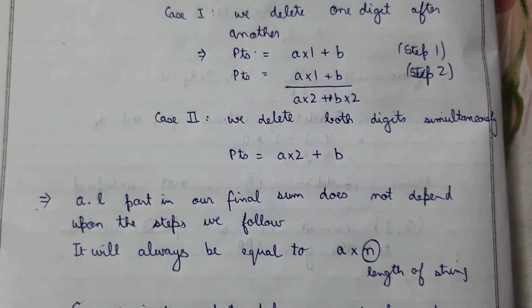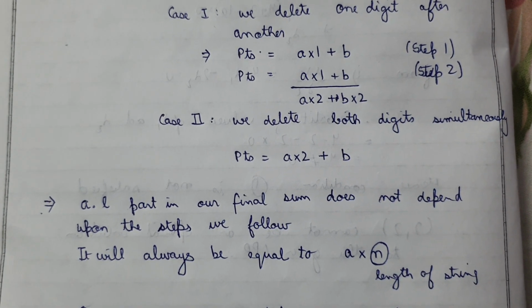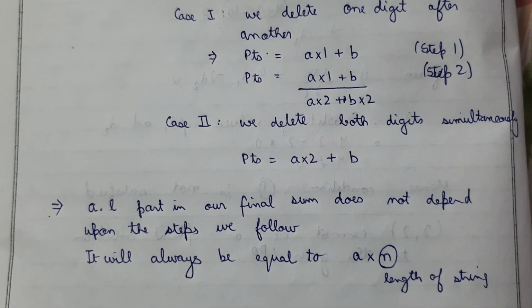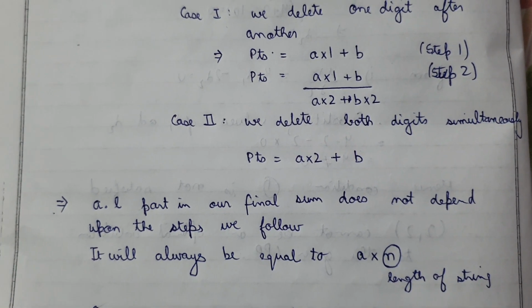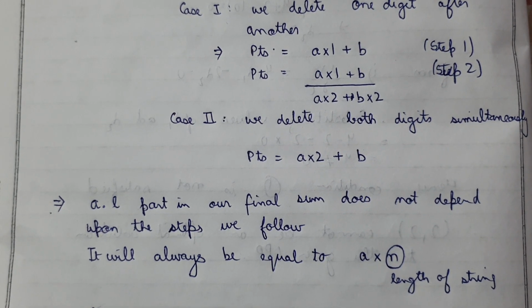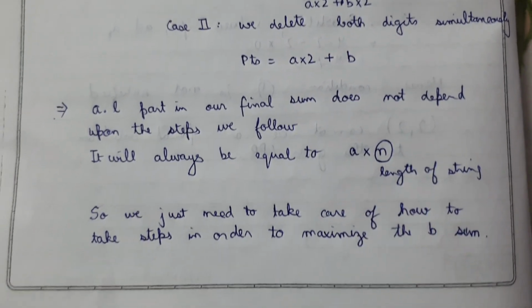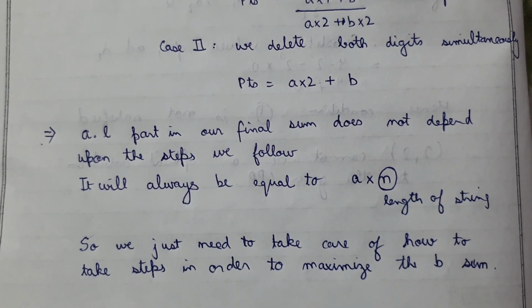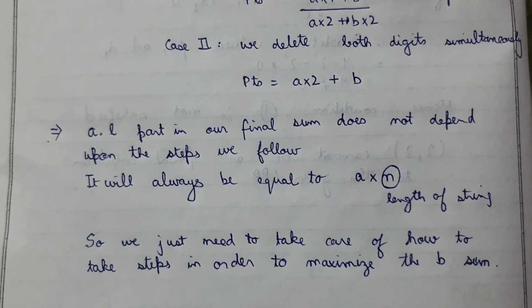Now as we can see, the a into l part in our final sum is not depending on how we take our steps, so it will always be equal to a into n, that is, the length of the string. So what we need to take care of is how we make our steps to maximize or minimize b.